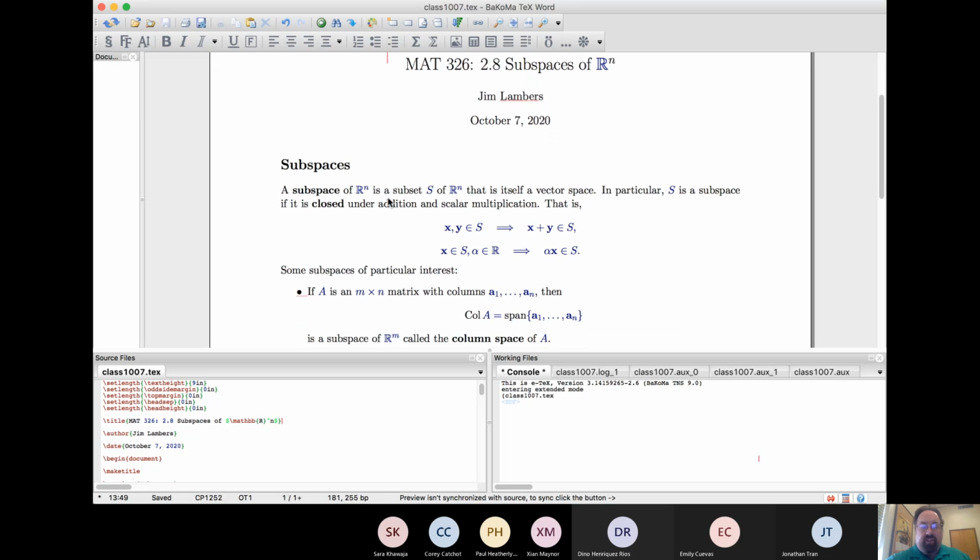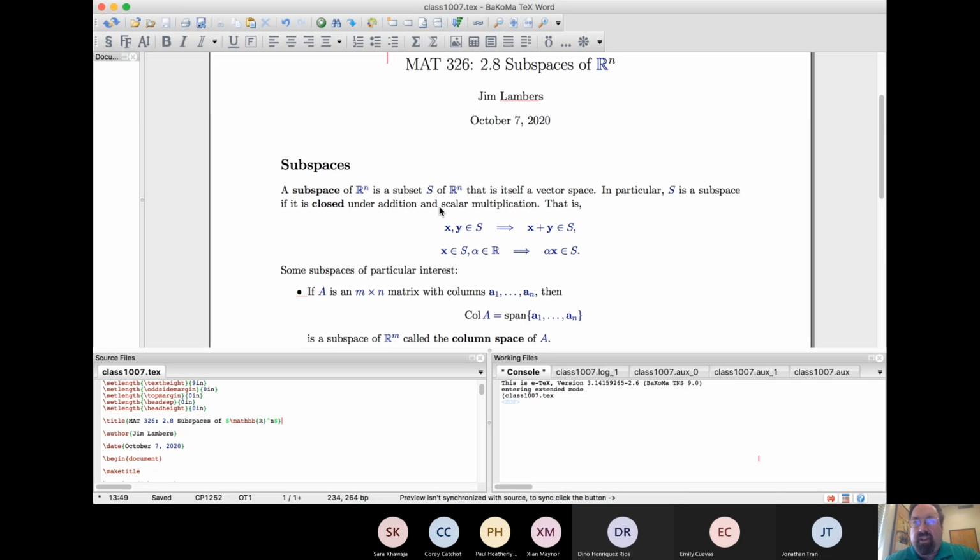So it's not just any old subset of Rn. It has to be a subset that follows all the properties of vector spaces. Now, a lot of these properties are fairly straightforward in terms of how vector addition behaves, like commutativity, associativity, and so forth, and also scalar multiplication, so multiplying a vector by a constant.